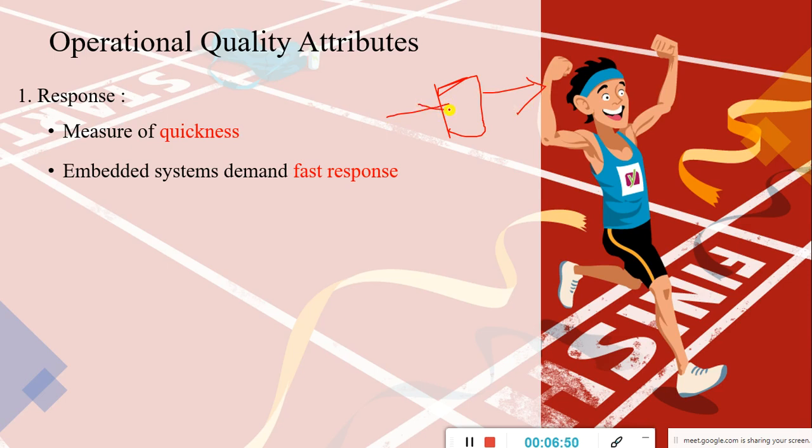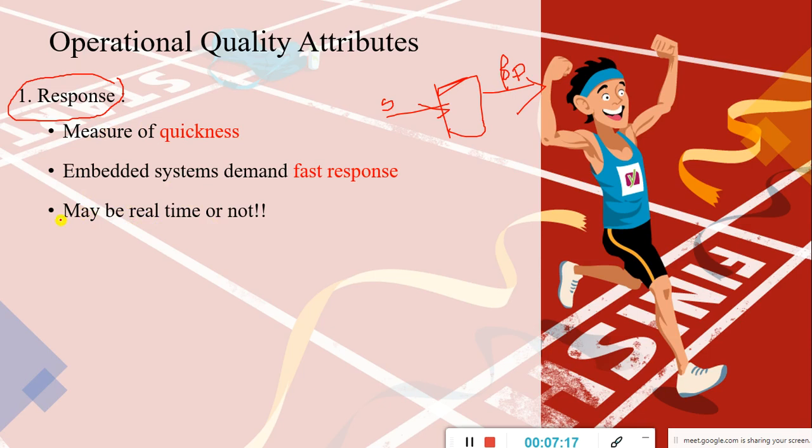Based on the sensed input, how fast the output occurs across the output port, that's what we talk about as the response of the system. Whenever we design an embedded system, we should be aware of the response of the system. Okay, next important point.